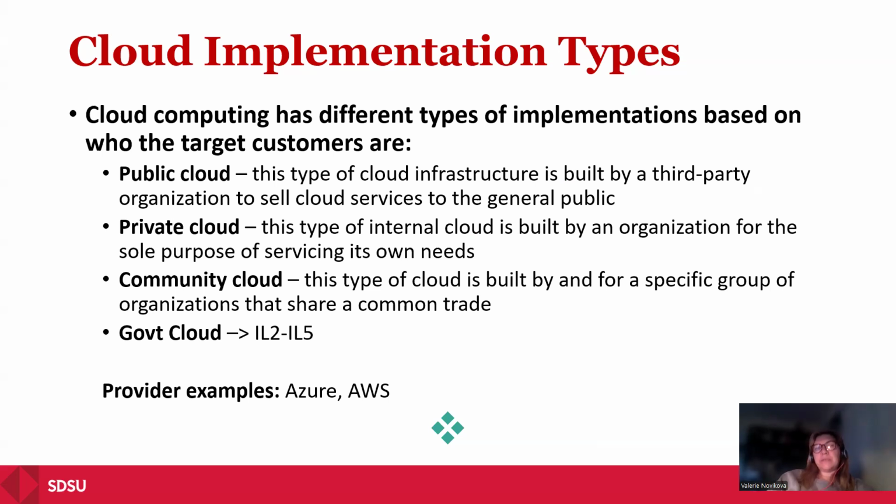I have my own instance. There is a private cloud, which is developed for specific organizations. There is a community cloud that is built for different groups. And there's also a government cloud, which is used primarily by the Department of Defense.